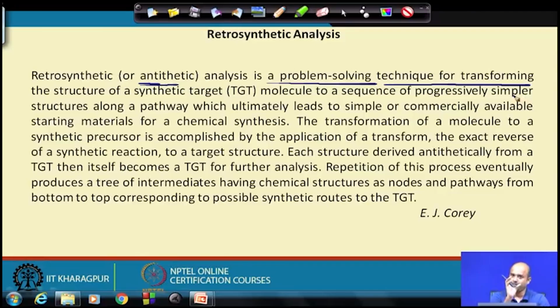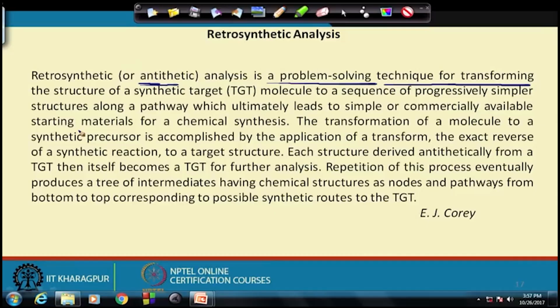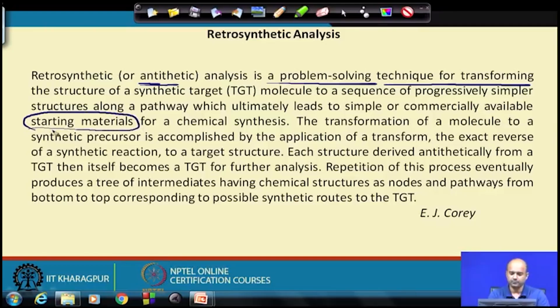A complex structure is fragmented into simplified structures, leading to commercially available starting materials, because you have to start from a building block. So, a complex molecule can be simplified to commercially available starting materials, so that you can start using those starting materials for a given pathway.